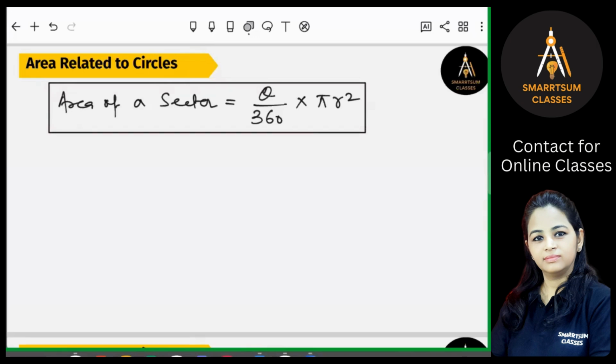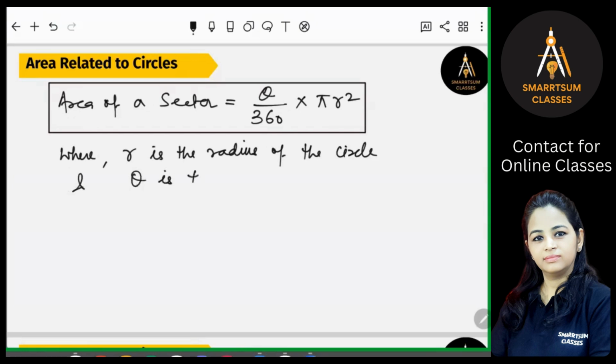In this way, we can say that the area of the sector is theta upon 360 degrees into pi r square, where r is the radius of the circle and theta is the angle of the sector in degrees.